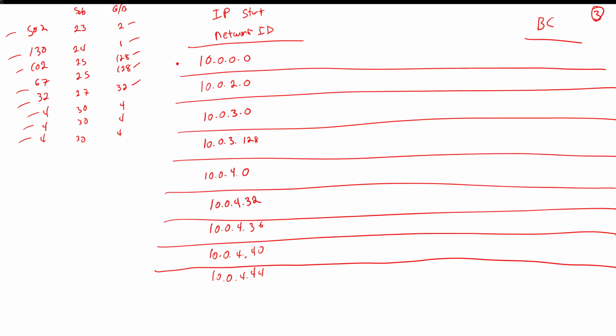So, for our broadcast for the first network, we look at the next ID, 10.0.2.0. We're subtracting 1 from the 4th octet. Well, in reality, I'm going to break down 2.0 into binary: all zeros. Minus 1. Well, we can't subtract 1 from zeros, so what we can do is we borrow. And when we borrow, that makes them all ones.